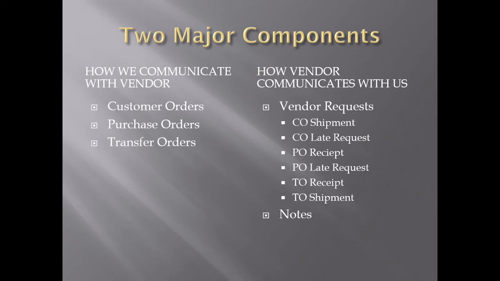So we send them a piece of formed wire, they put a finish on it, and then send it directly to our customer. So the customer orders are a way for us to communicate all the order information that the customer has given us, so that they can comply with those requirements.